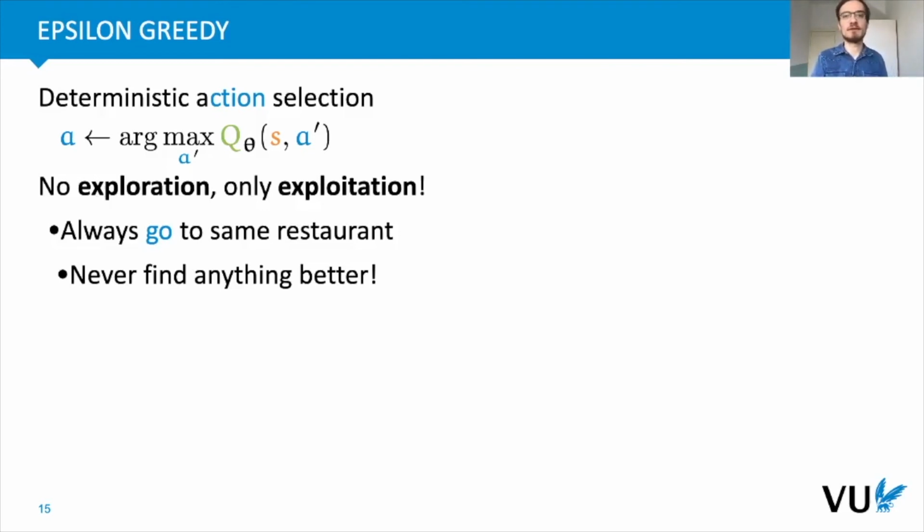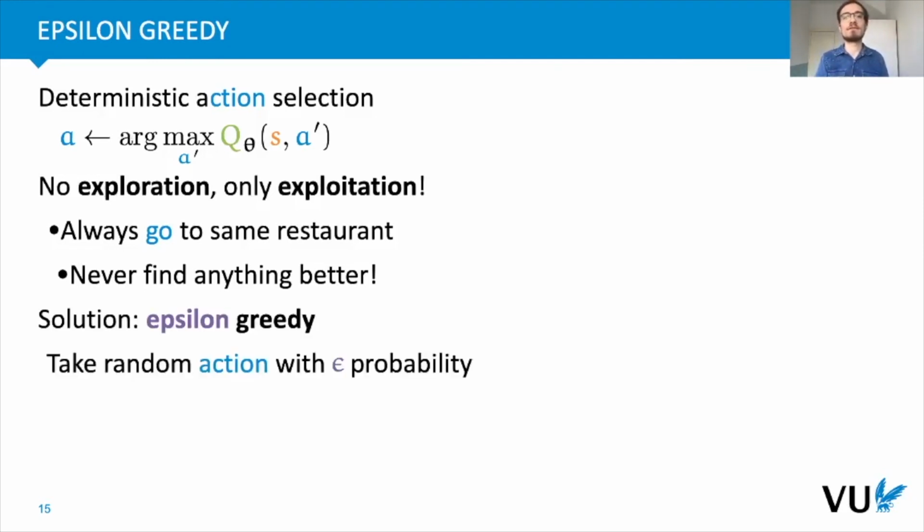So what we need to do is explore a bit more. Because with this kind of action selection, we always just take the maximum. That's very deterministic, never explore. We only exploit what we know is pretty good. A very simple solution to this is called epsilon greedy. Basically what we do is we take a random action with epsilon probability.